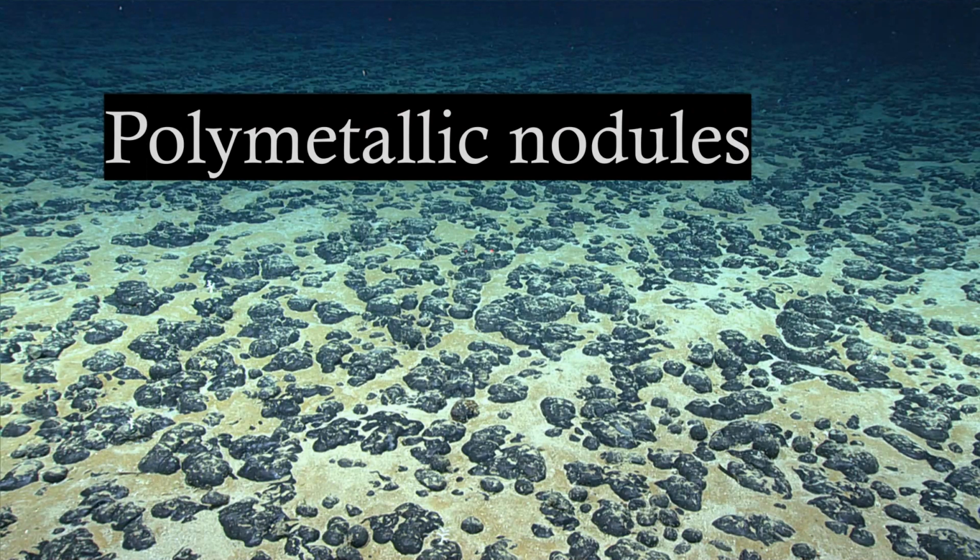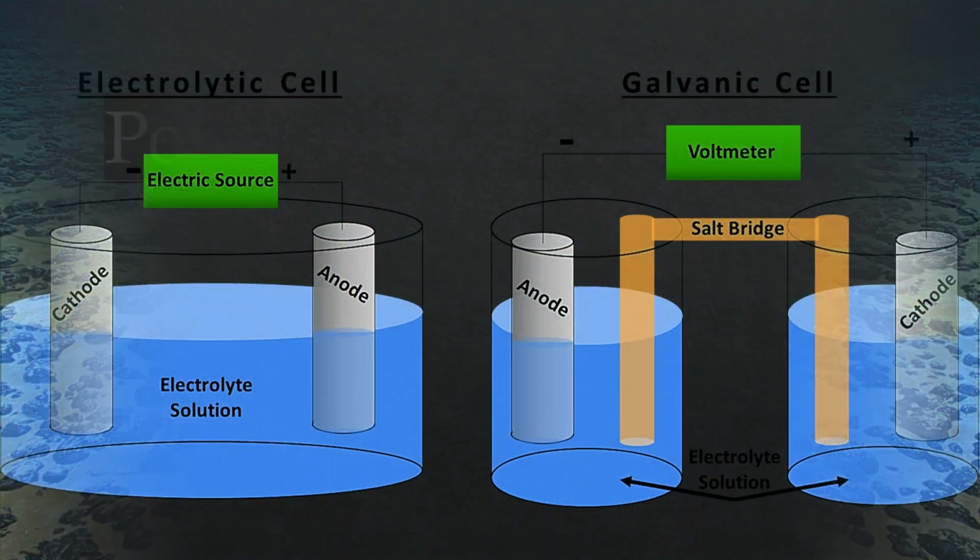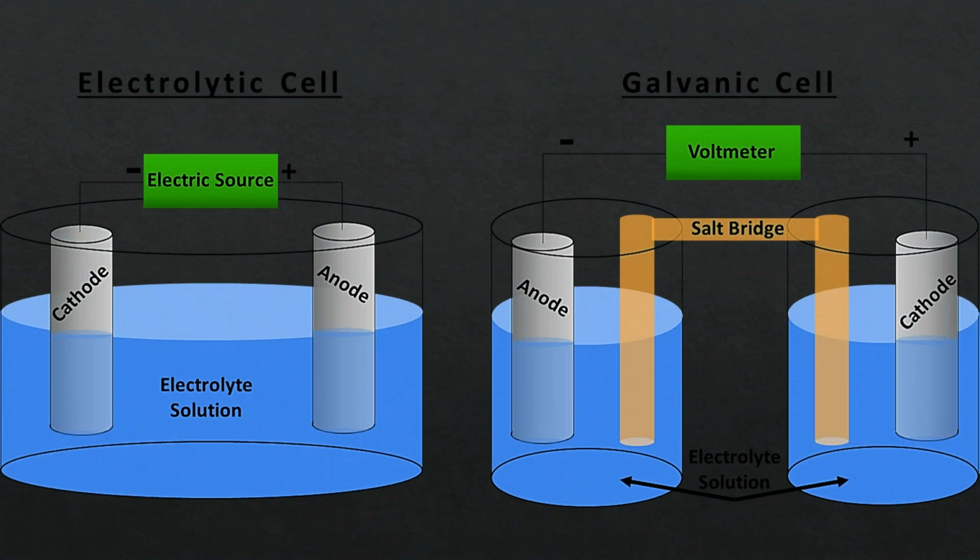There are many key components and concepts in the electrochemical process, but let's see one of the important components, that is the electrochemical cell. This is a device that generates electrical energy from a chemical reaction, like in batteries, or uses electrical energy to cause a chemical reaction like in electrolysis.